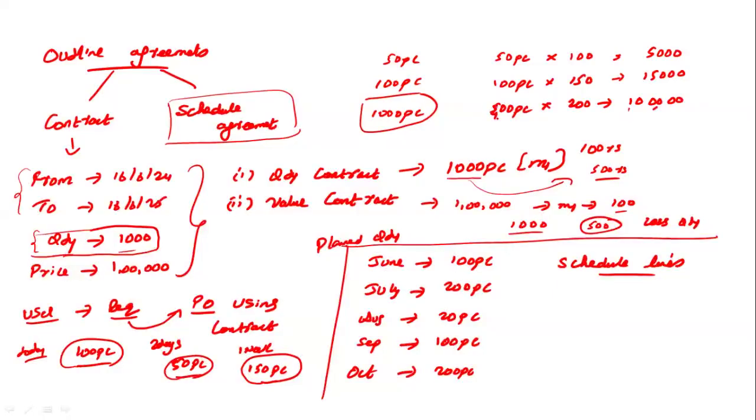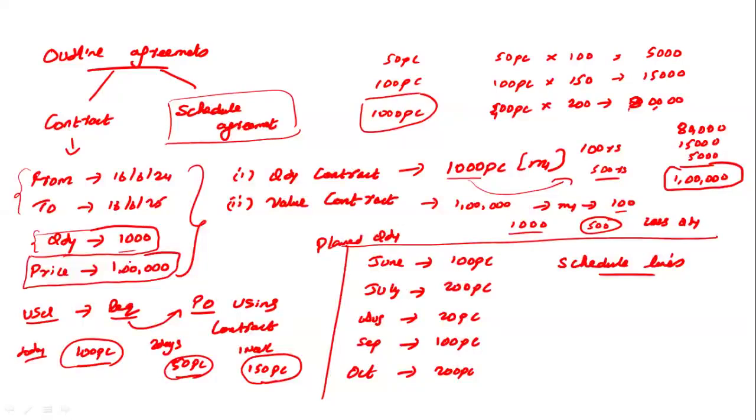That will take 400. 80,000. Now you have placed purchase orders for 80,000, 15,000, and 5,000. Here it became 1 lakh. When the price is covered with 1 lakh, then this value contract will expire.